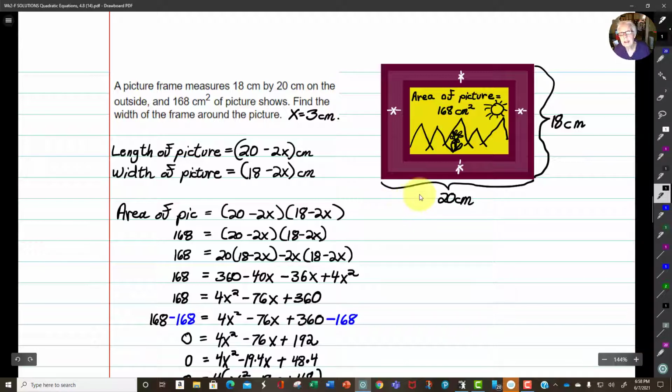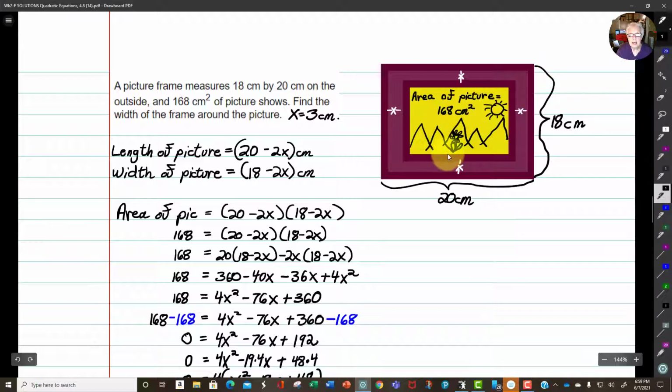Now, here's a kind of problem you see a lot of in intermediate algebra and in college algebra. You've got a picture frame and you've got a picture. The picture frame is X centimeters wide. The frame is 20 centimeters by 18 centimeters.